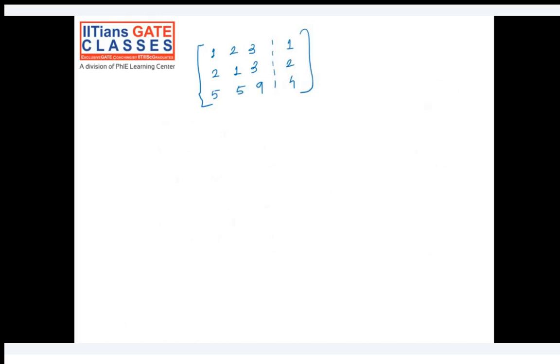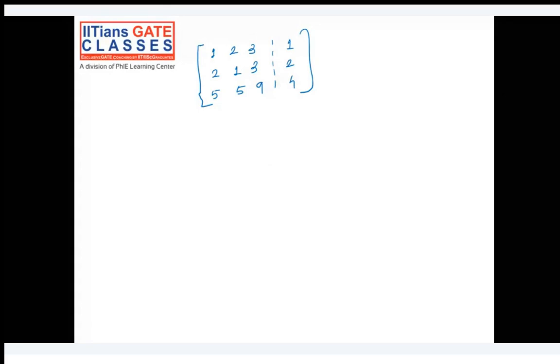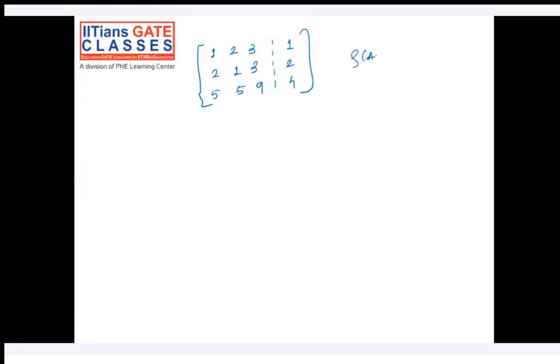What operations will we perform? R2 is equal to R2 minus 2 times R1, trying to make this 0. R3 is equal to R3 minus 5 times R1, trying to make this 0.